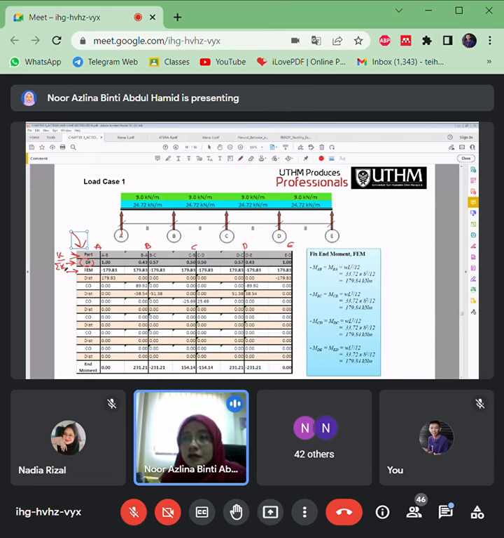And then the FEM, which you consider for these kinds of loading. For this pattern, the equation is WL squared divided by 12. This is load case one, loaded with the same maximum load, so all the spans will have the same FEM.